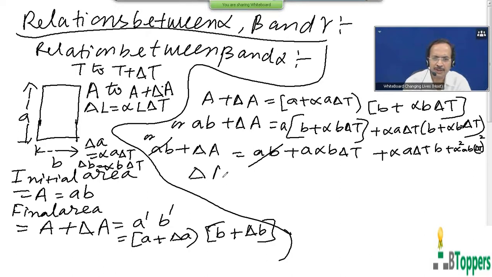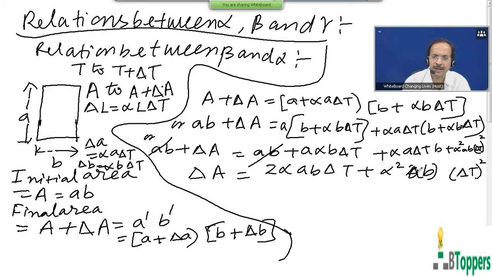So delta A can be written as, these two terms are identical, 2 alpha ab delta T plus alpha square into ab into delta T whole square.